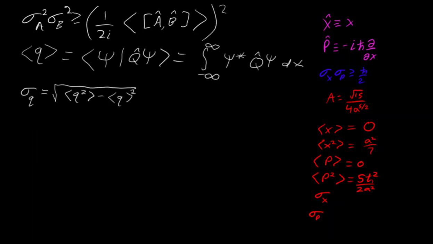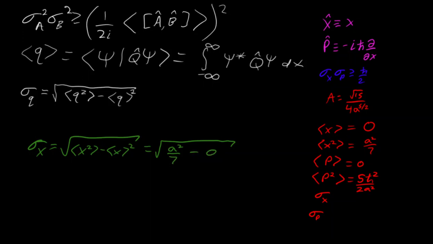So we know sigma x is the square root of the expectation value of x squared minus the expectation value of x, squared. The expectation value of x squared is a squared over 7. So this is the square root of a squared over 7 minus 0. And so this will be a over the square root of 7.